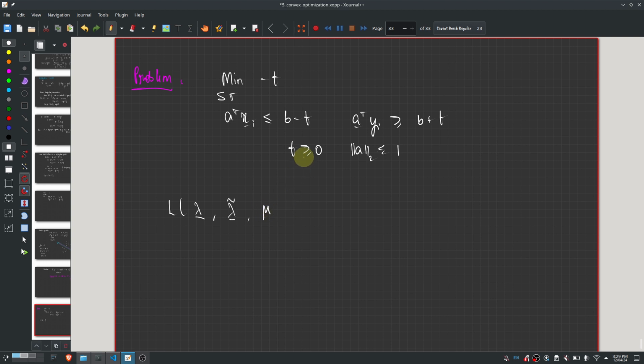Let me say tau is the Lagrange multiplier for t greater than or equal to 0. And let me say alpha is the Lagrange multiplier for this particular constraint.